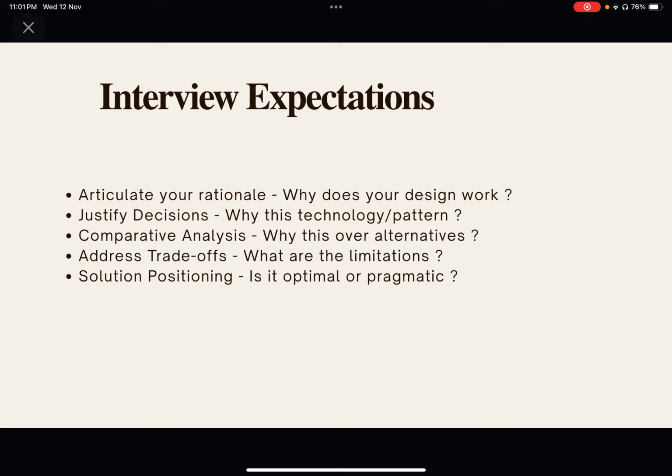Third, you have to perform a comparative analysis, acknowledging what the alternatives are and explaining why you chose the one you did. Fourth, proactively address trade-offs; don't wait for the interviewer to point out problems. Finally, position your solution clearly: is it the optimal solution, one of several good options, or a pragmatic compromise? This clarity is what interviewers appreciate.